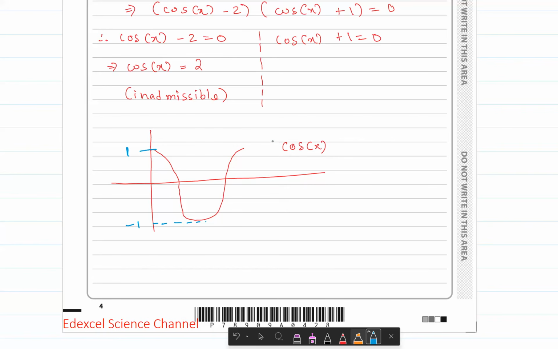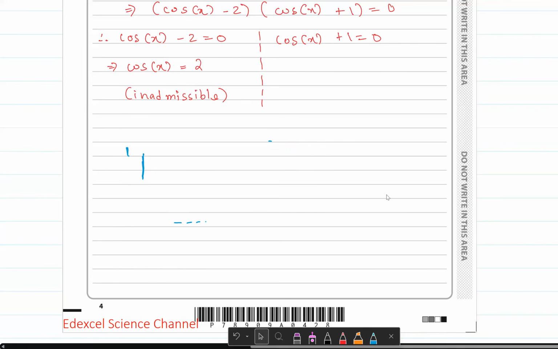The reason being is the coefficient of cos x is only 1, so the amplitude is 1 on the positive side and 1 on the negative side. But over here it is saying that the value of cos x is 2. Therefore, this part is inadmissible.